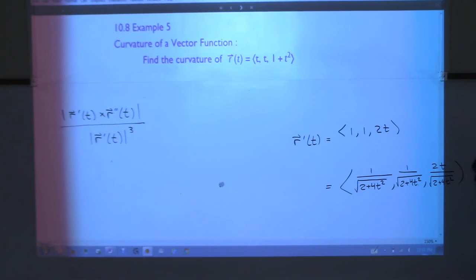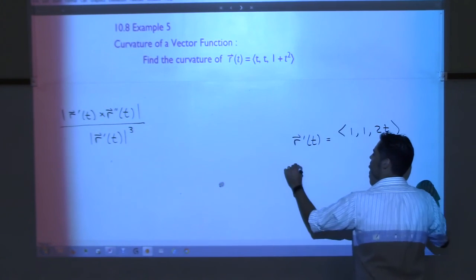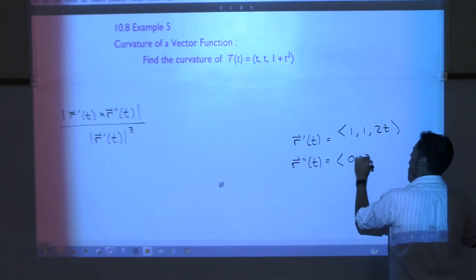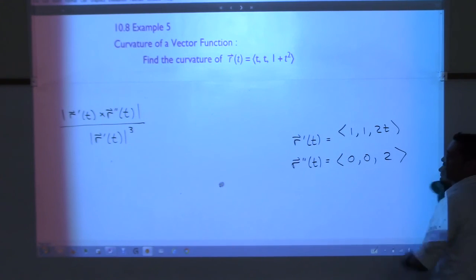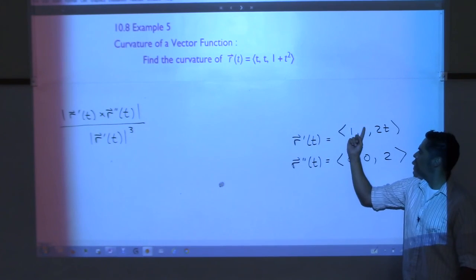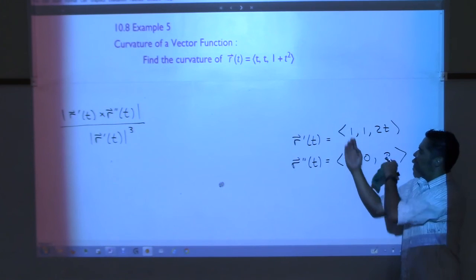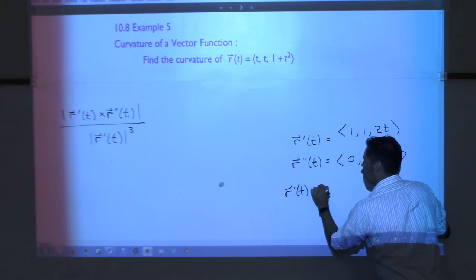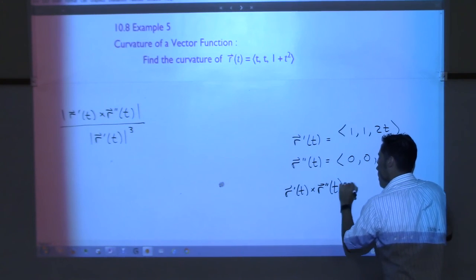What's your second derivative? 0, 0, 2. I need to cross these two vectors. So I cover up this component, and I do my little thing here. What's r prime t crossed r double prime t?